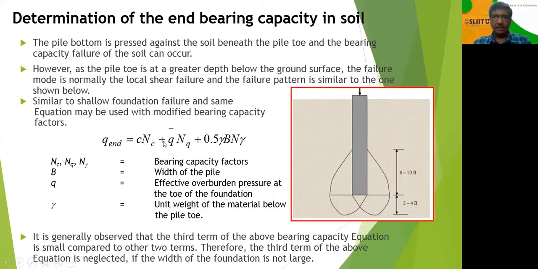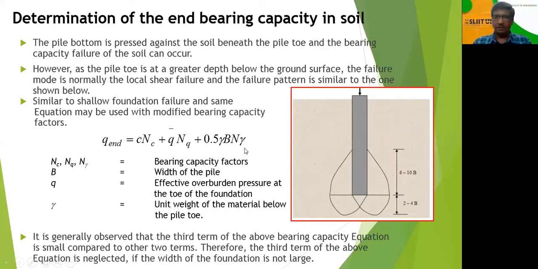So these are the bearing capacity factors, and you are familiar with this equation. So this is the shallow foundation equation. So this bottom of the pile will act like a shallow foundation, and there will be local failure. So depending on the failure surface, the failure shape of the failure region, you will have to get the Nc, Nq, and N gamma.